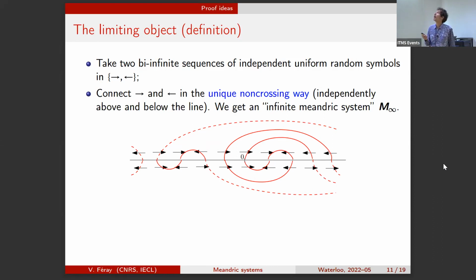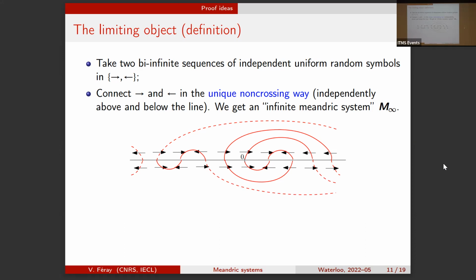Okay. And of course, here I cannot draw the bi-infinite picture. So there will be things which are not connected in the restriction that I show. But in fact, it's a simple lemma to show that everything is connected at the end. So you always have a right arrow matching each left arrow.